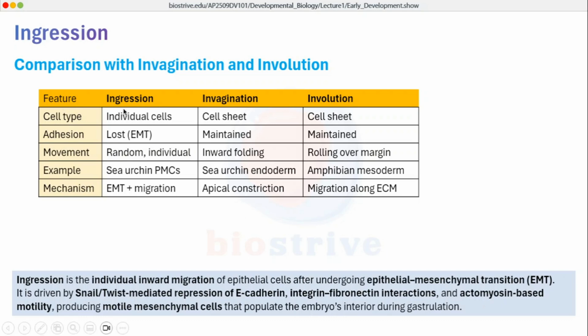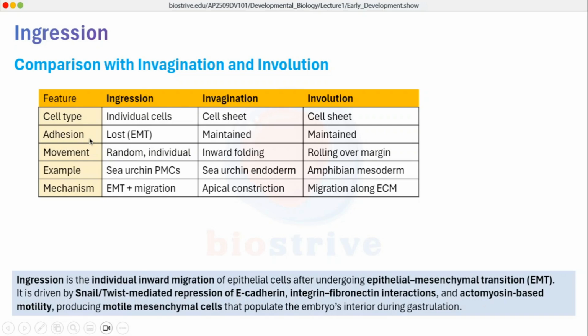If we compare the processes of ingression, invagination and involution, the cell type involved in ingression is individual cells, whereas in both invagination and involution the entire sheet is involved. Invagination is the punching in of a sheet, involution is the turning of a sheet of cells, and in ingression individual cells lose their identity, lose their adhesive interactions and migrate inward.